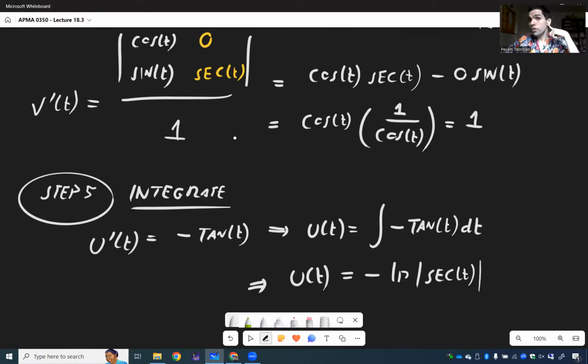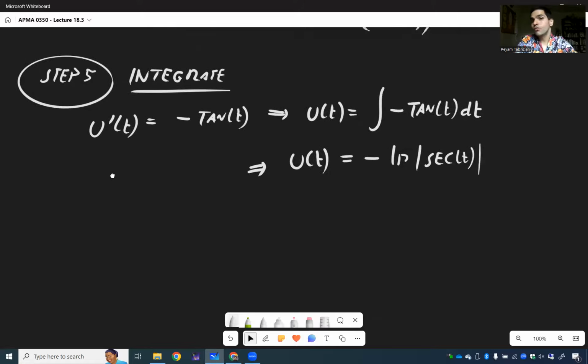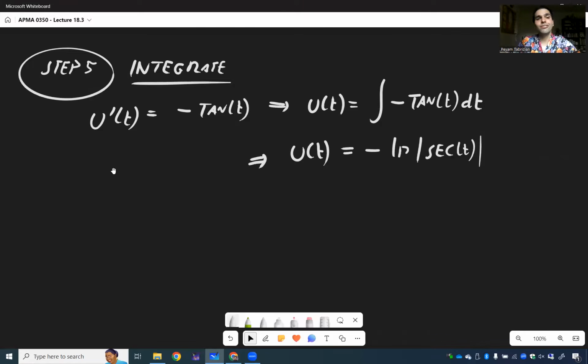And you may wonder, what about that constant? Why not plus c? That's because, remember, we just want to find one particular solution. So 1 is enough. But if you added the c, you will see it's interesting. It just gives you the homogeneous solution. That was the hard part. Then v prime, I believe, was 1.